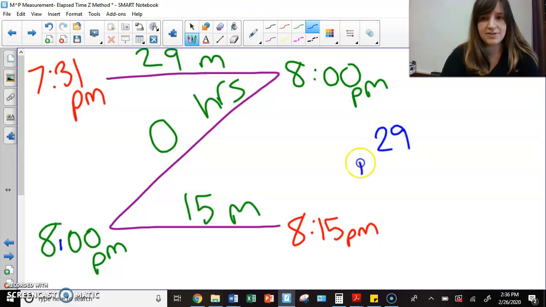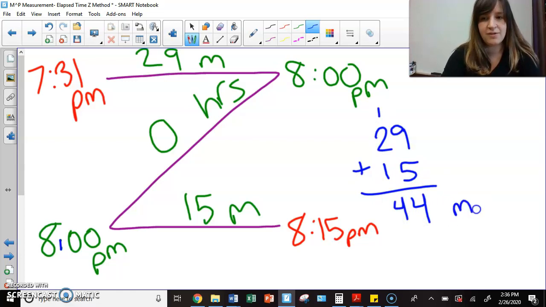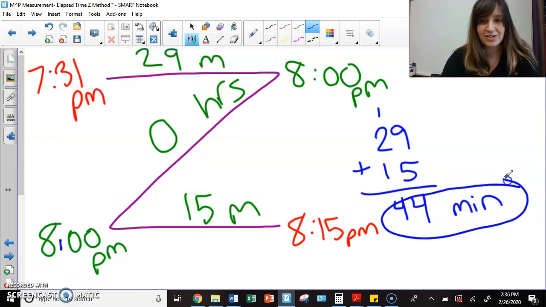So I'm adding 29 plus 15 and I get 44 minutes. I don't have any hours. This amount is smaller than 60, so my final answer is 44 minutes. You can put 0 hours and 44 minutes, or you can just leave it off.